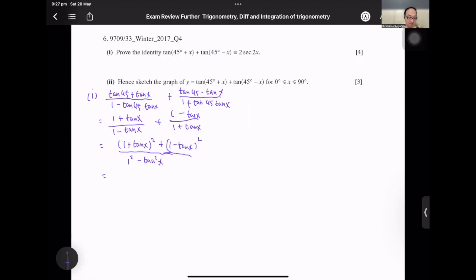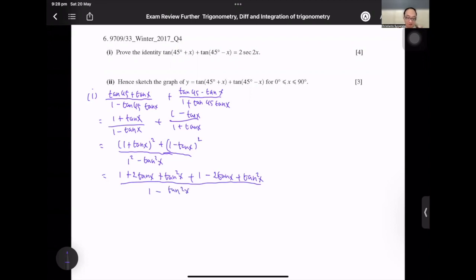So this becomes 1 plus 2 tangent x plus tangent square x plus 1 minus 2 tangent x plus tangent square x, over 1 minus tangent square x.